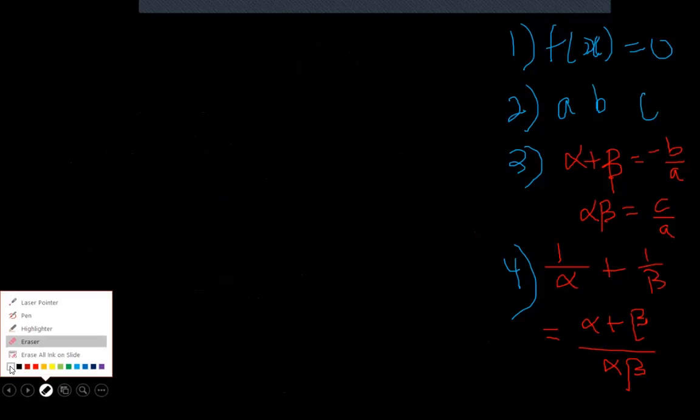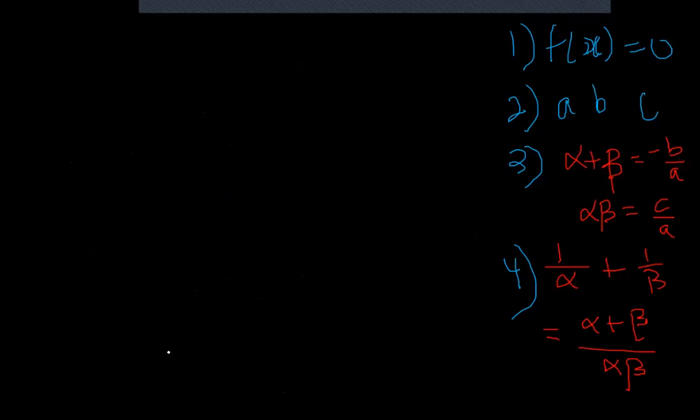Right. So this is the last question I'm going to ask you for this one. I want you to find 1 on alpha plus 1 on beta using x squared minus 7x plus 12 is equal to 0.